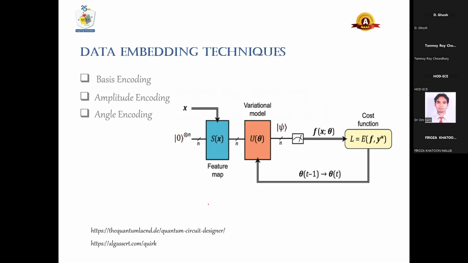Now you can see there are three, basically there are many more. As I said, the first step to quantum machine learning is how do you encode your classical data into a quantum computer. So there are three ways: basis encoding, amplitude encoding, and angle encoding. I'm going to deal with angle encoding today, and I'll show you how to encode data.